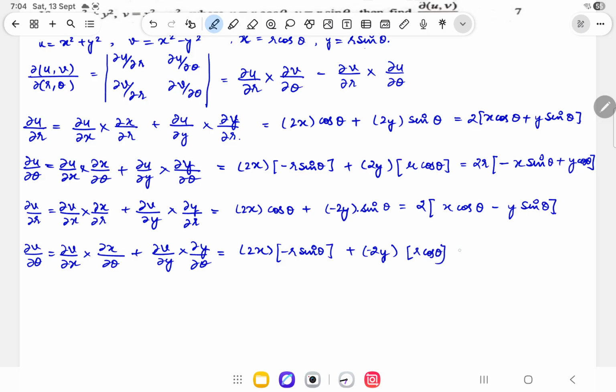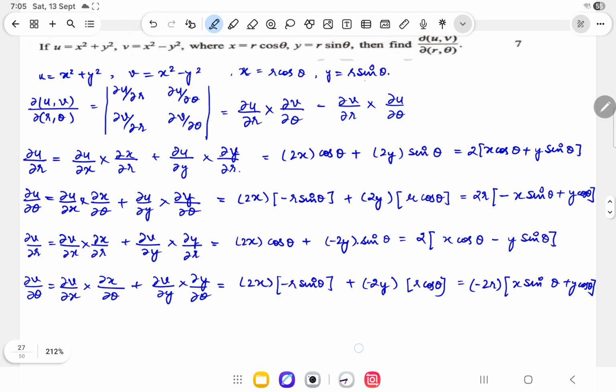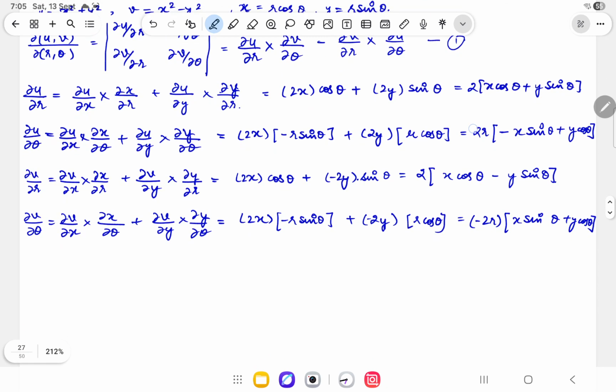So if I simplify it, I can take minus 2r as common. So I'm left with x sin theta plus y cos theta. Now if I just substitute these values in 1, let's see what I get.